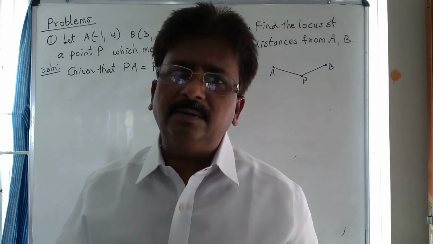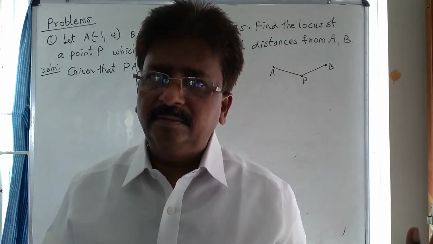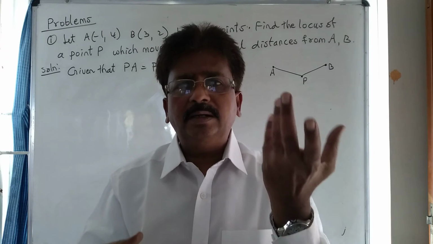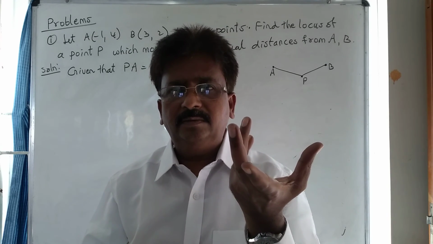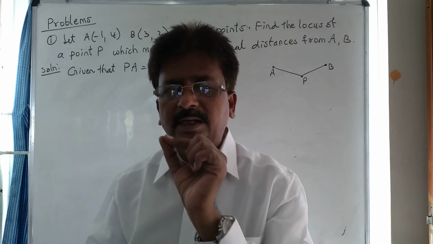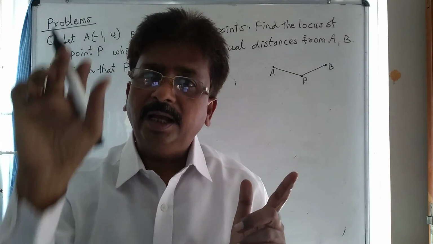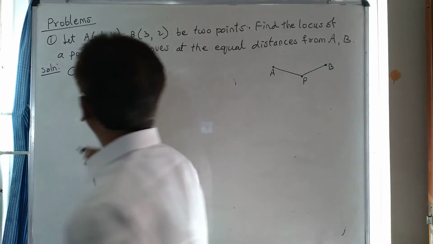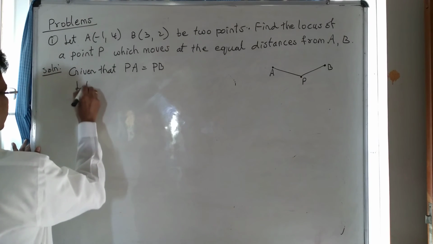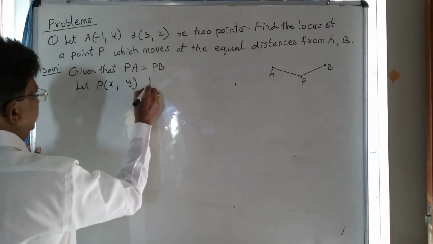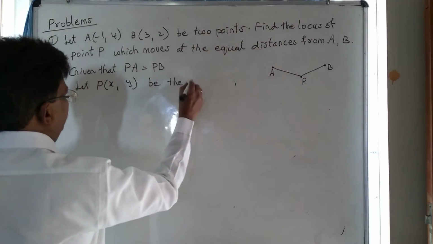P coordinates are not given. Let us introduce the coordinates of P. P coordinates are not fixed, the values are variable. Therefore, let us assume P is x comma y, be the moving point.